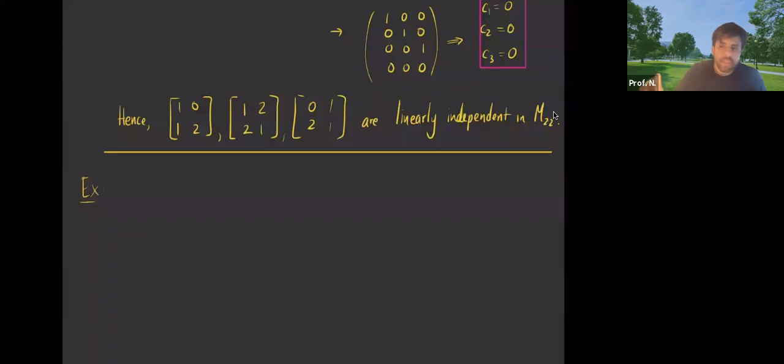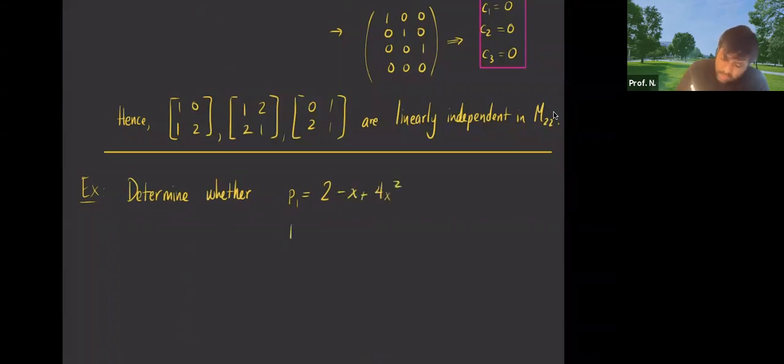And so the other vector space that we like to figure out is polynomials. So if we're in the set P2, determine whether P1, 2 minus x plus 4x squared, P2, 3 plus 6x plus 2x squared, and then P3, 2 plus 10x minus 4x squared, are linearly independent.